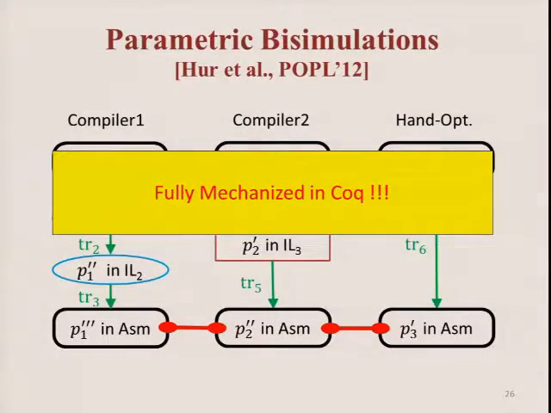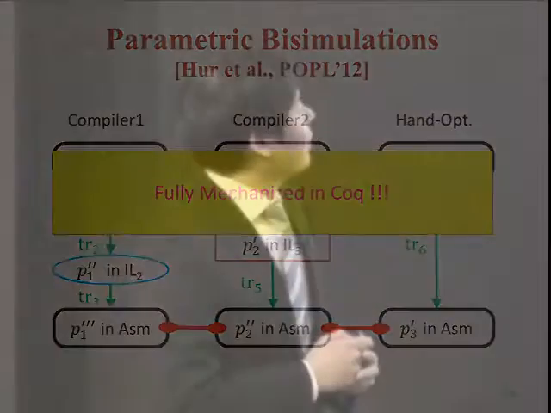In the composition of the proofs, you have to compose this shared and local state. But they may not match exactly. In this proof, this memory was shared state, but on this side, it may be local state. Somehow you have to come up with an idea to handle that. Everything is fully mechanized in Coq.